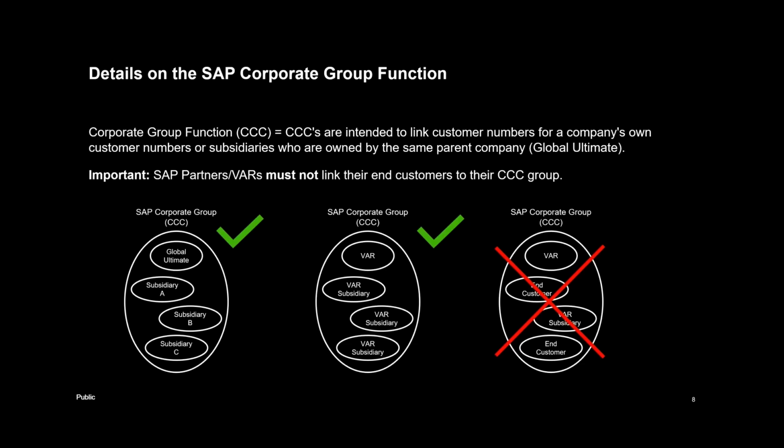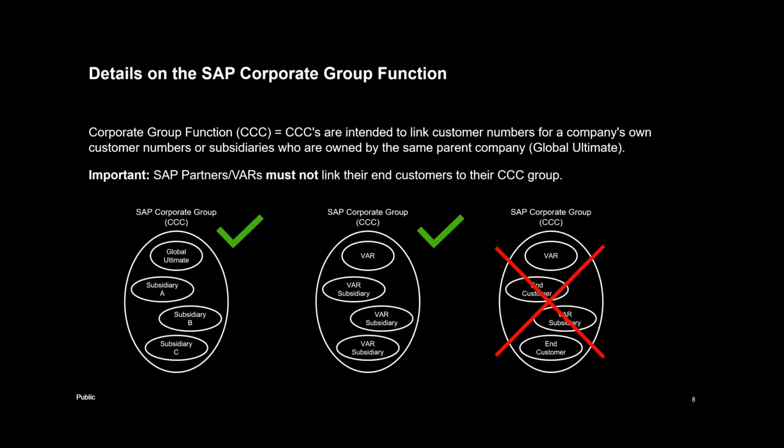Very basically, the corporate group function is intended to link a customer's own customer numbers and those of subsidiaries owned by the same parent company. Sounds like a mouthful, but it basically means you and your subsidiaries can go into a corporate group.